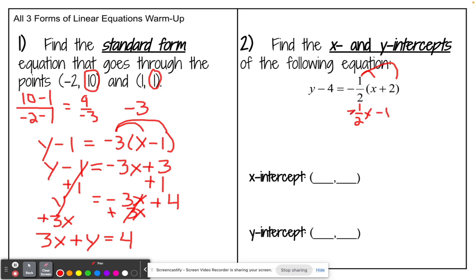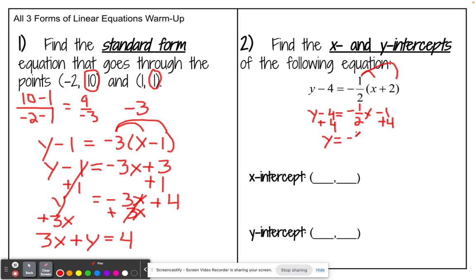I still have y minus 4 on this side. Next step, I'm going to add 4 to both sides, and I get y equals negative 1/2 x plus 3.